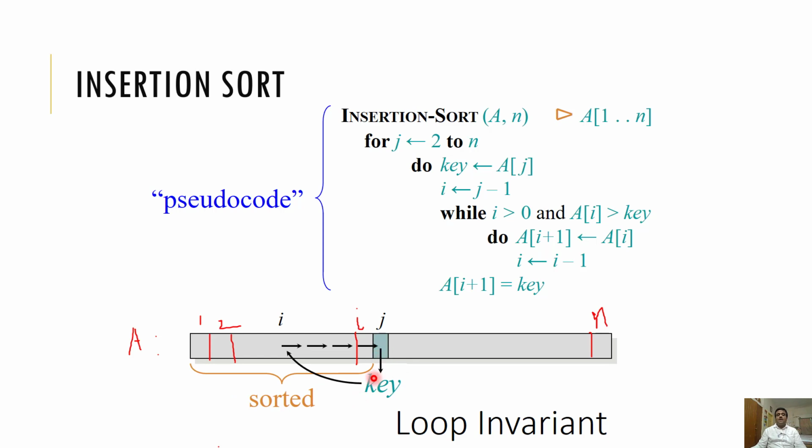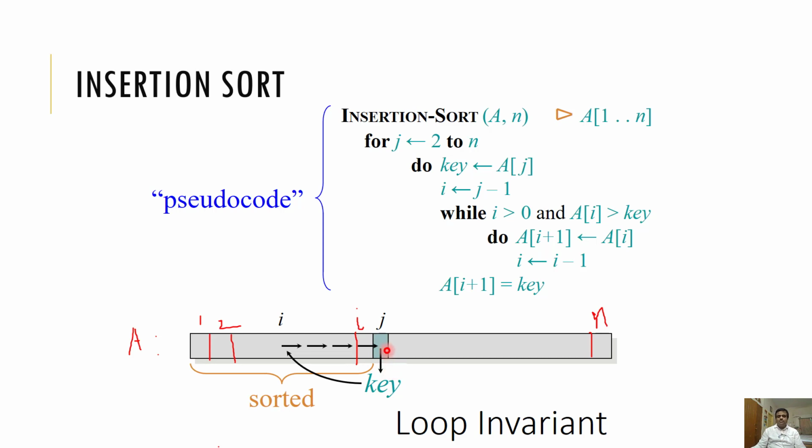But a problem will occur if the value aj is less than this ai. Suppose the sorted subarray has maximum 6, and now this is, say, 3. We cannot increase j by 1, because if we do, then we have a subarray up to this point which is not sorted.